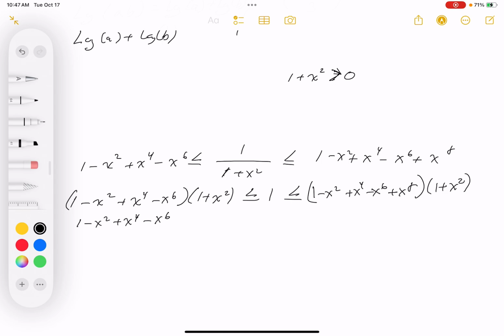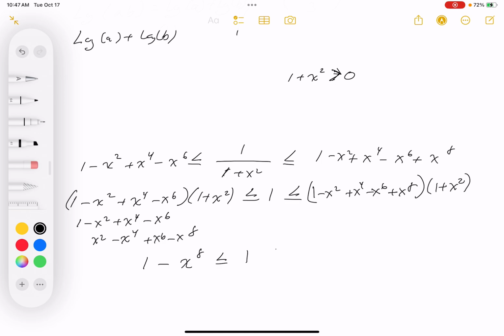If you multiply by x squared, what do you get? You'd get x squared, minus x4, x6, and then minus x8. Well, isn't that convenient? And what do you get over there? You get 1 minus x to the 8th power.